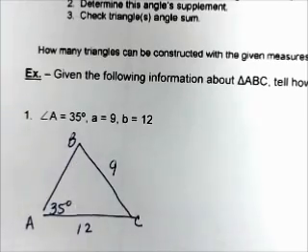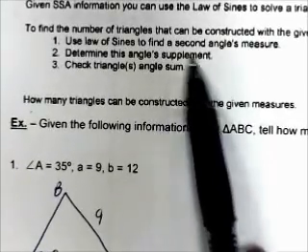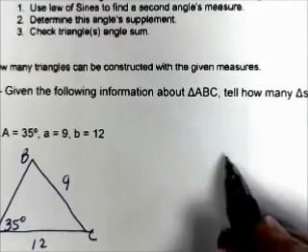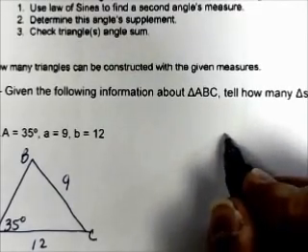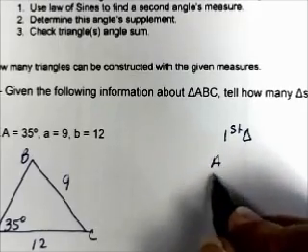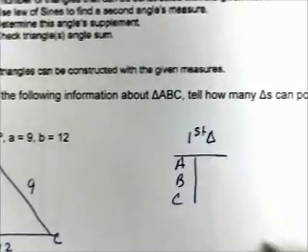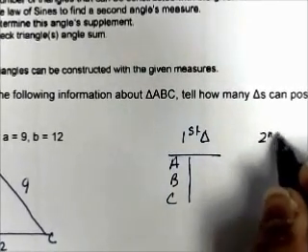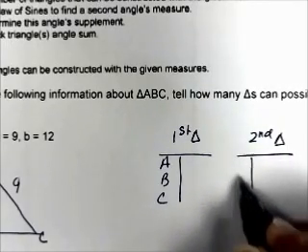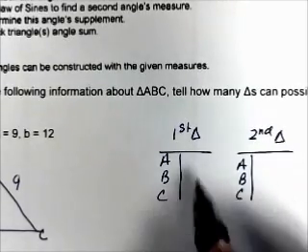So we're going to find angle B first. We're going to use law of sines to find a second angle's measure. Now we're going to draw two tables. We have our first triangle, and we have our angles A, B, and C, and our second triangle, angles A, B, and C. So we're going to fill in the angle measures.